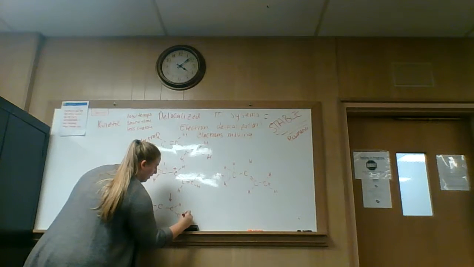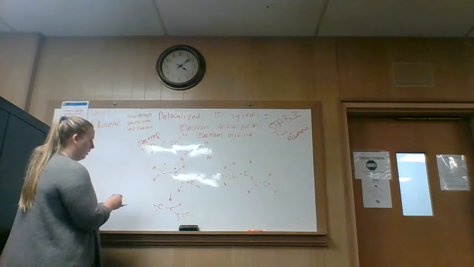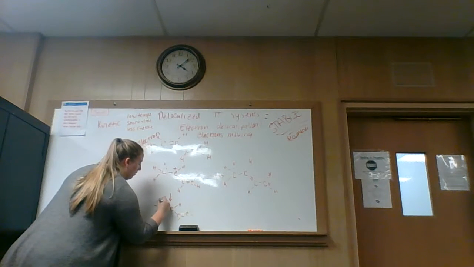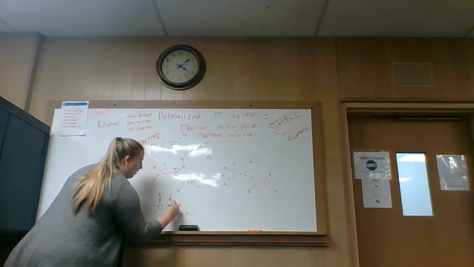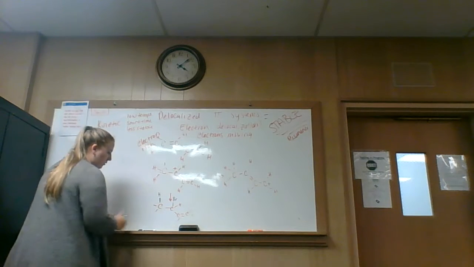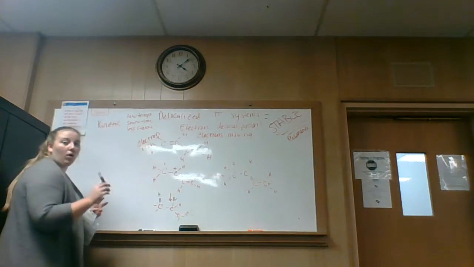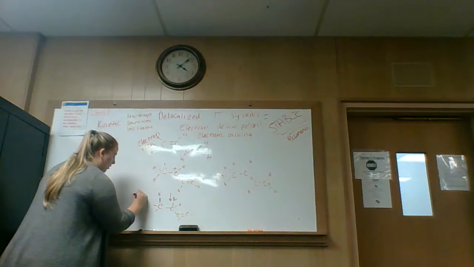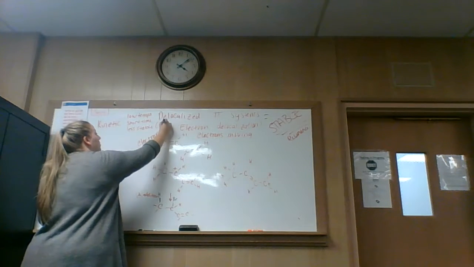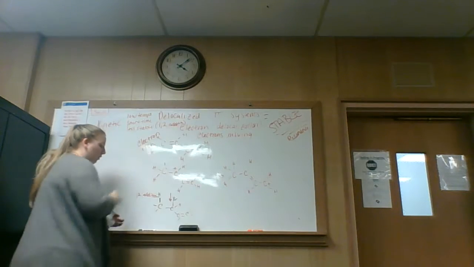Sorry for all of the drawing. No, it helps. We would end up with substitution on adjacent carbons. This is referred to as a 1-2 addition. Which is considered less stable. We'll talk about why.